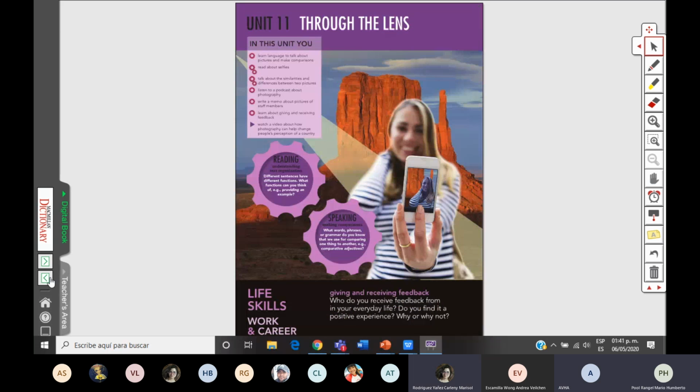And there is one part of the unit that has a little bit of vocabulary related to pictures or photographs. However, I'm not going to touch it. I'm not going to see that. I don't think it's very relevant. I'd rather spend more time on other kind of vocabulary and structure than on that one.